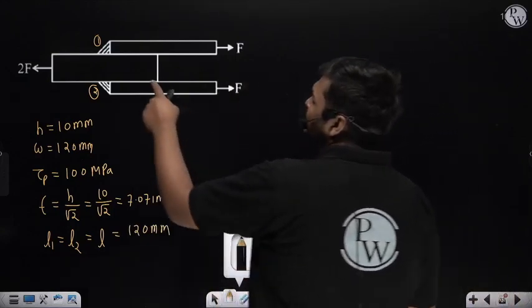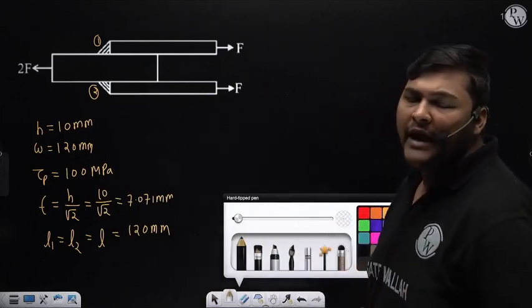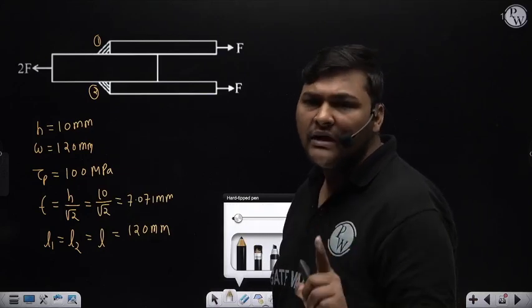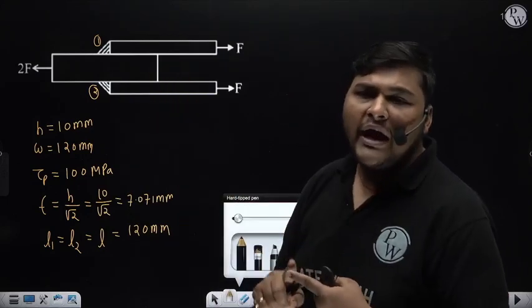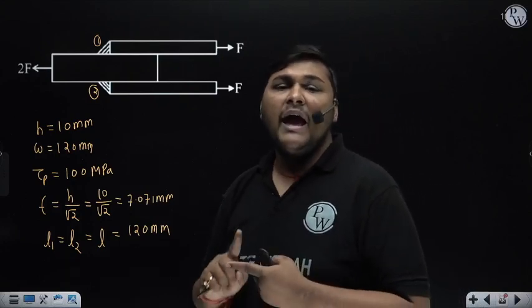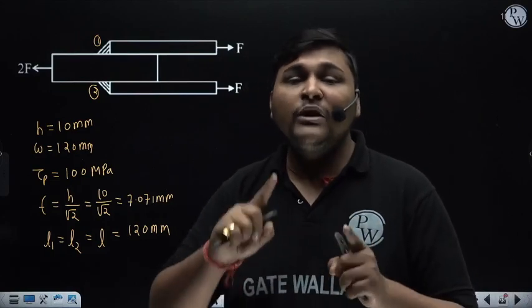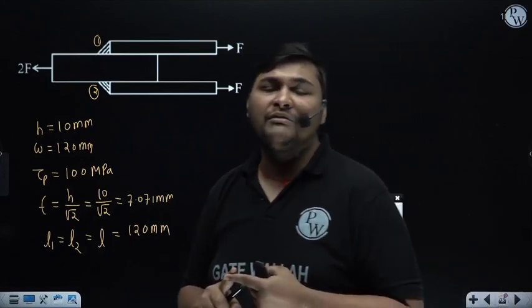Here the shear stress in the weld comes only due to force, and stress due to force alone is known as primary stress. The weld length is perpendicular to the force, so this is a transverse fillet weld. For a transverse fillet weld, as I have already explained, during designing or analysis the formula to calculate maximum shear stress is total force divided by total throat area.